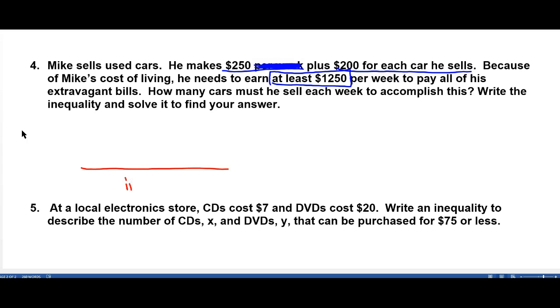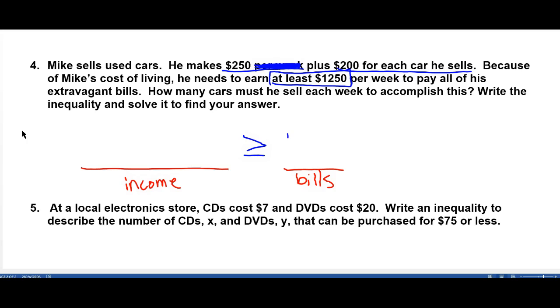This is his income. This is his bills. I know that his income has to be more than the cost of all of his bills. So that's going to be a greater than, or it could be equal to. If he has exactly enough to pay, then that's okay too.